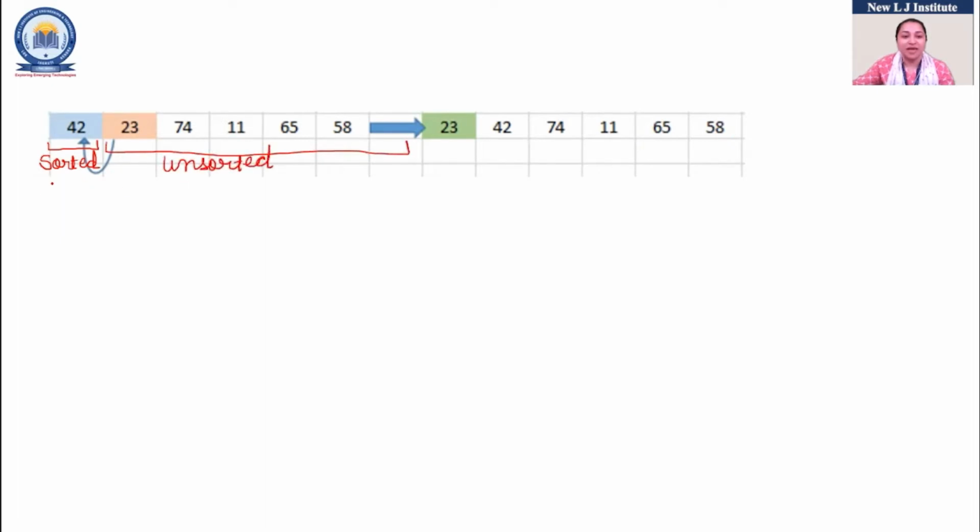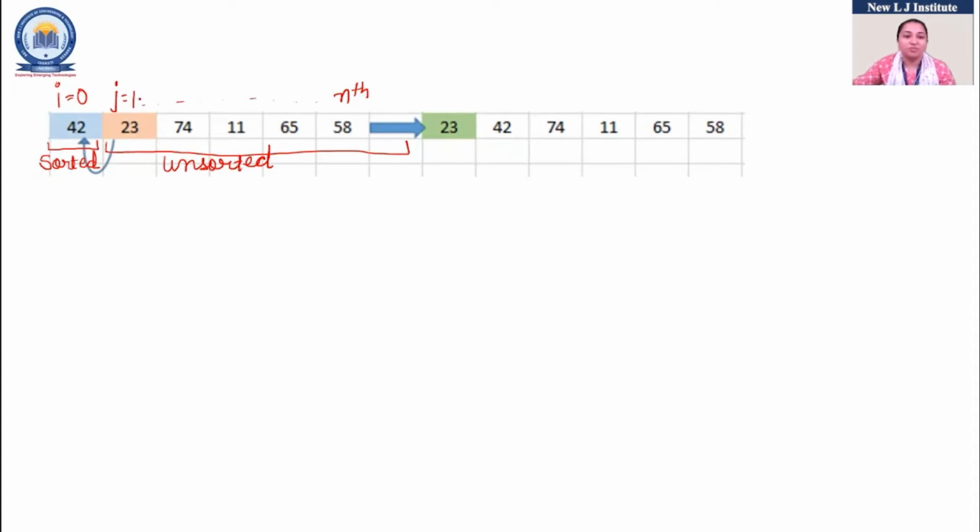Let's assume that this is index i, which is pointing to the first element of the array, and this is index j, from which we will pick elements one by one and compare them to the previous elements. So here my j will start with 1, 2 and so on up to the nth element, right?